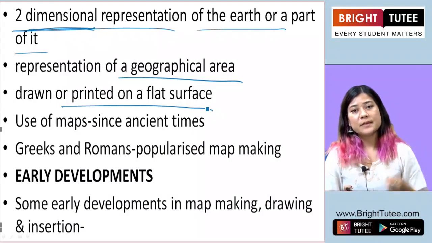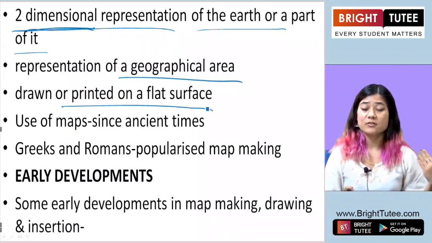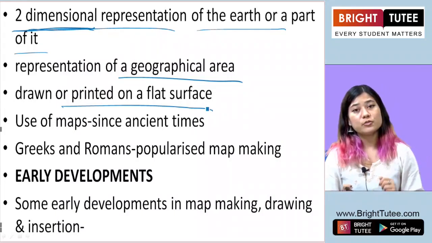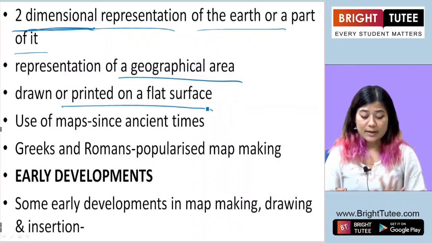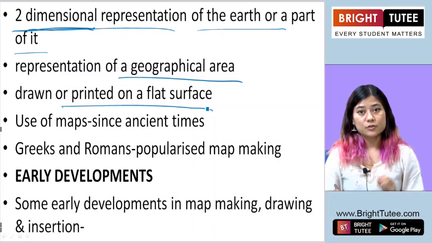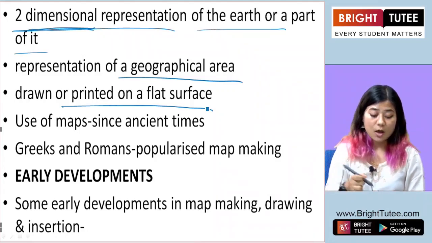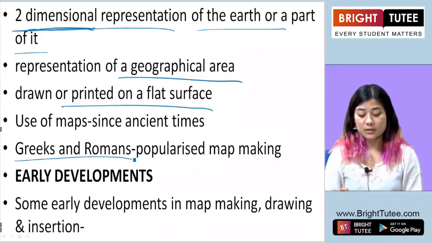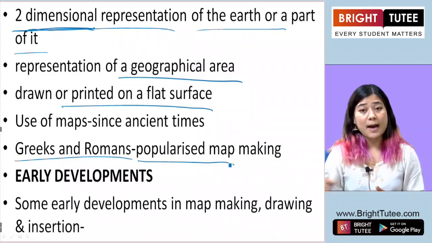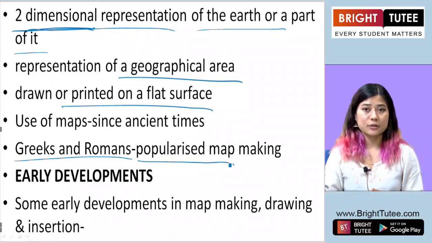The rulers, the people who lived thousands and thousands of years ago, they also used maps. The first people to make the use of maps a very popular practice were the Greeks and the Romans. They popularized map making and its use.